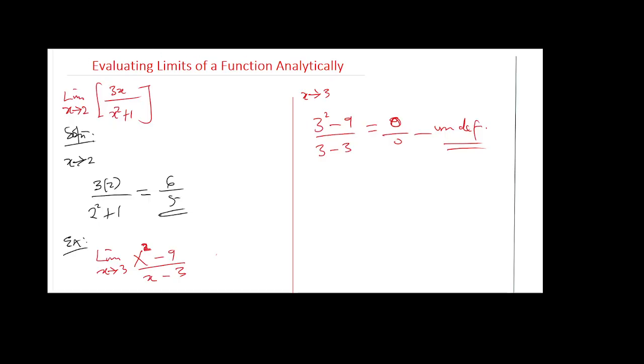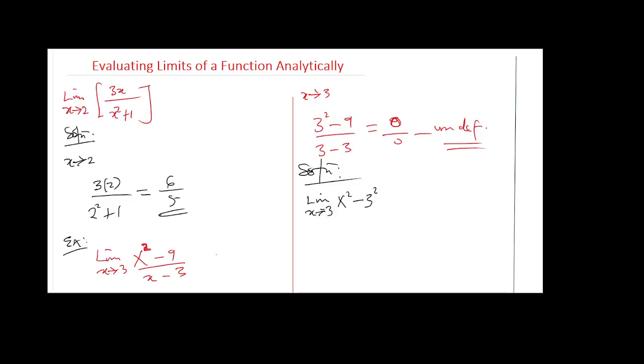factorization. Now let's properly solve this by factorization, where we find the factors of the numerator. So if we have the limit as x approaches 3 of x squared minus, what number can we raise to 2 to give us 9?